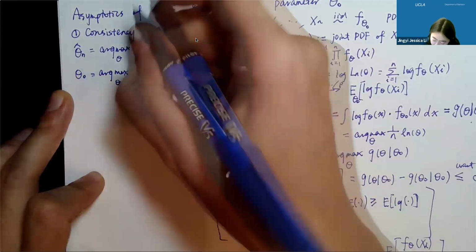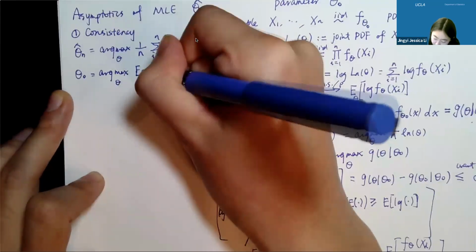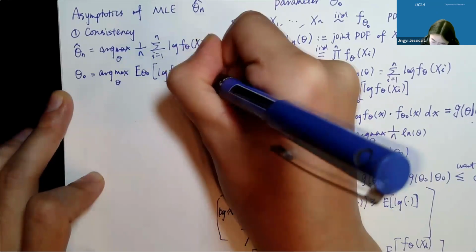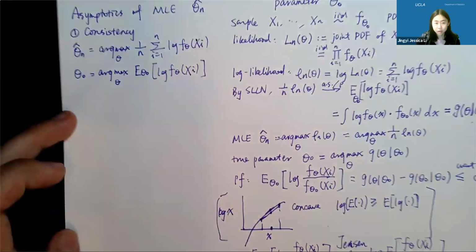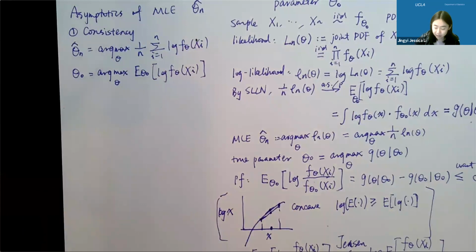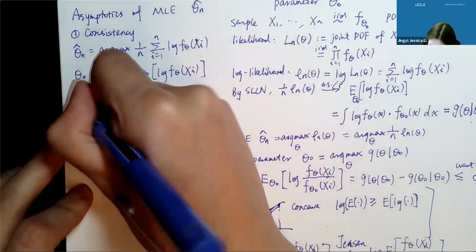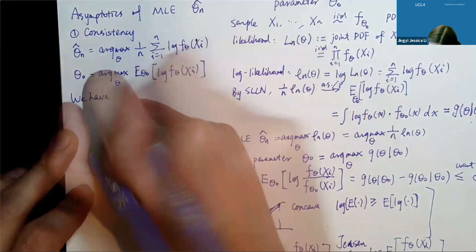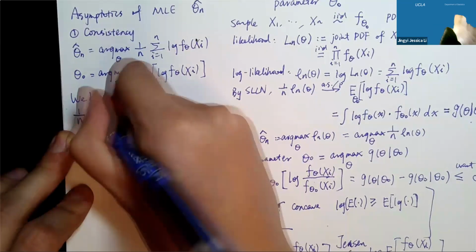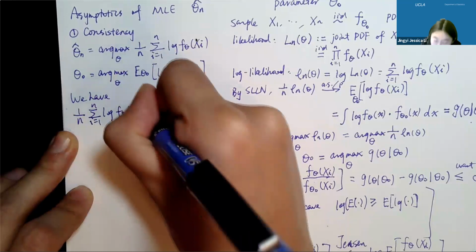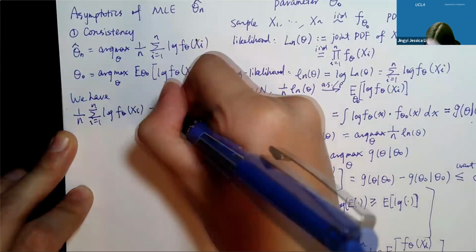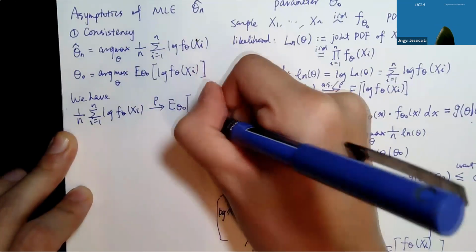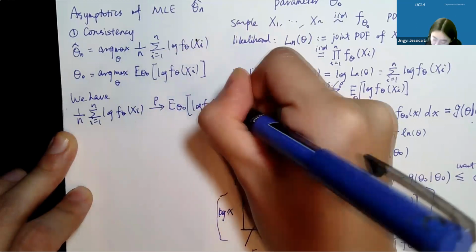So I will just write the expectation under the true parameter value of log f theta xi. So what I have is that we have the strong consistency: this thing converges, I'll just use the probability version, in probability to the expectation. This is what we have.